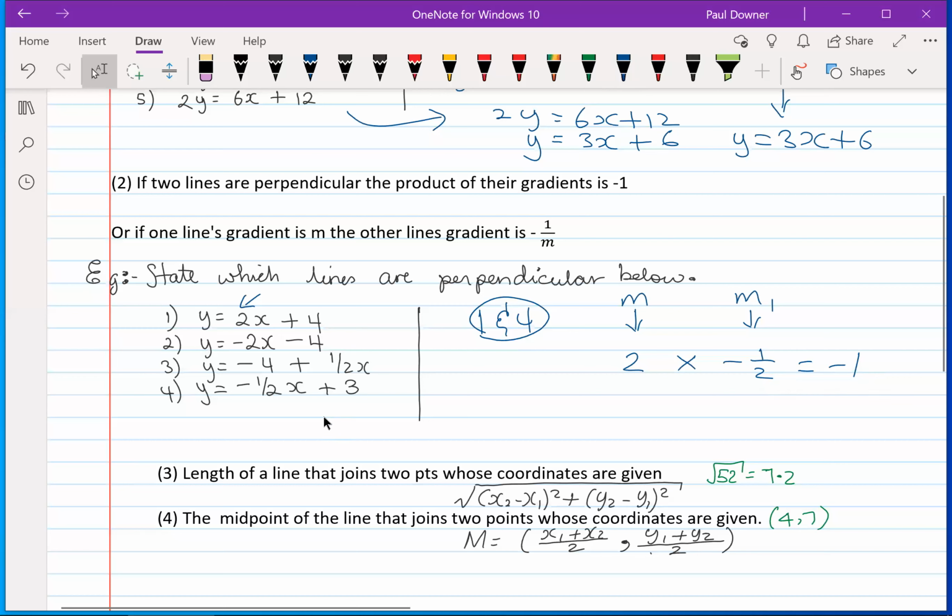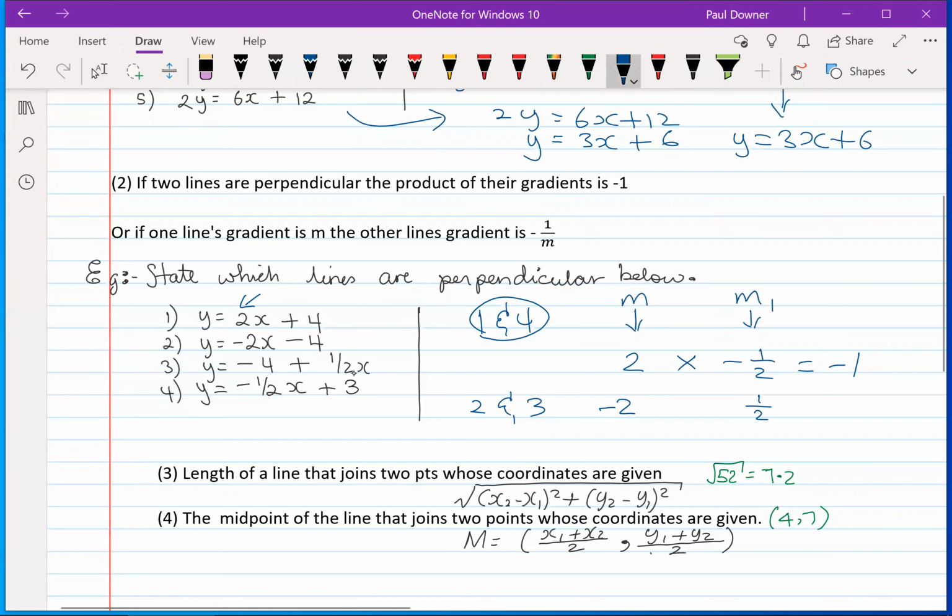Rena also said, which one was it? 2 and 3. So let's check out 2 and 3. The gradient of line 2 was negative 2. So let's write that down. The gradient of line 3 is not this. It'll be the number in front of the x when you have y equal to mx plus c, and this would be c here. So the gradient there will be the number in front of x, which is a half. So let's write down a half.